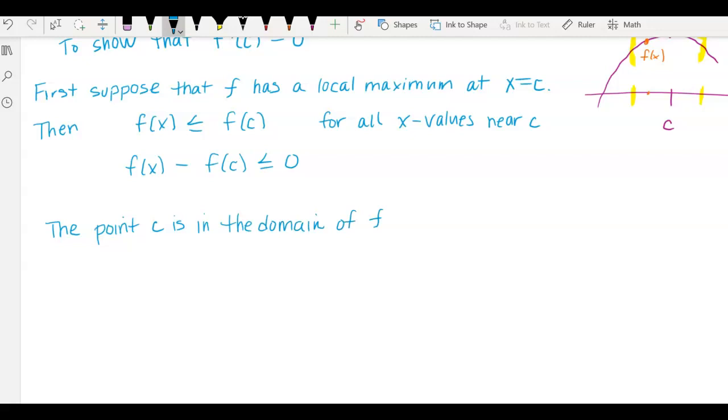So we know that the derivative is defined, going back to the original way that we defined the derivative using limits. We're going to define it using the limit as x approaches c of f of x minus f of c over x minus c.